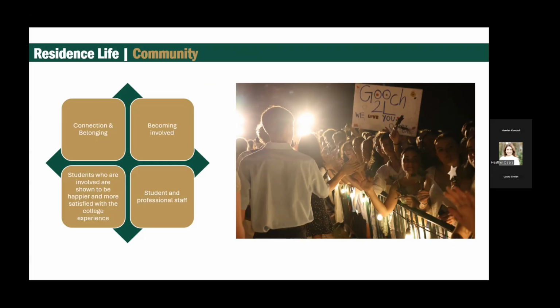It has also shown that students who are more involved are happier and more satisfied with their college experience, whether that's being involved from the residence hall, community councils to RHA, or to organizations throughout campus, knowing that we have over 500 different organizations. And then again, just our student and professional staff that are within the halls, from our resident assistants, our senior resident assistants, our community directors, our area directors, and having that support staff within the halls also.